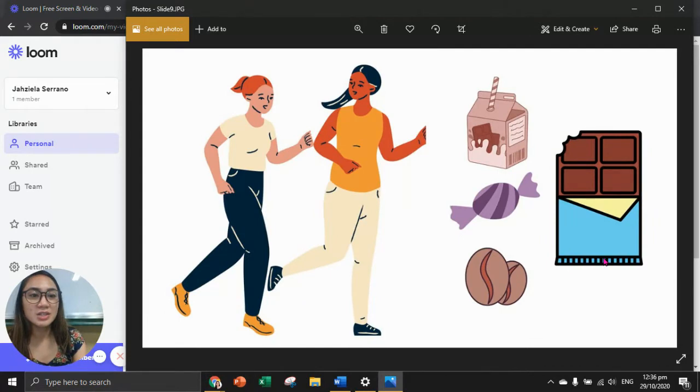So, in my general example, as you can see in the picture, these are two girls who are jogging, so doing their workout. So, ito yung gagawin kong example since lahat tayo ngayong pandemic are into fitness, napansin ko lang, into biking, jogging, or any form of exercise, no?